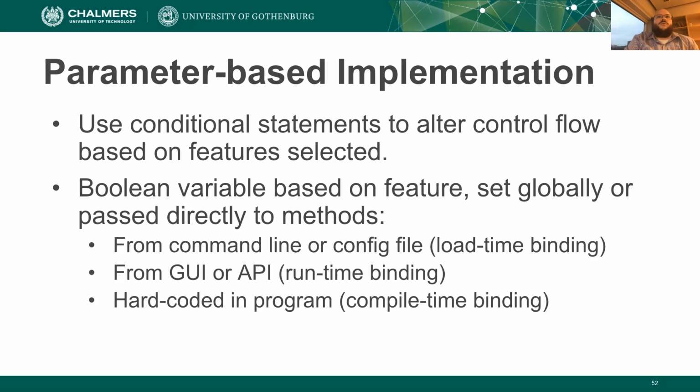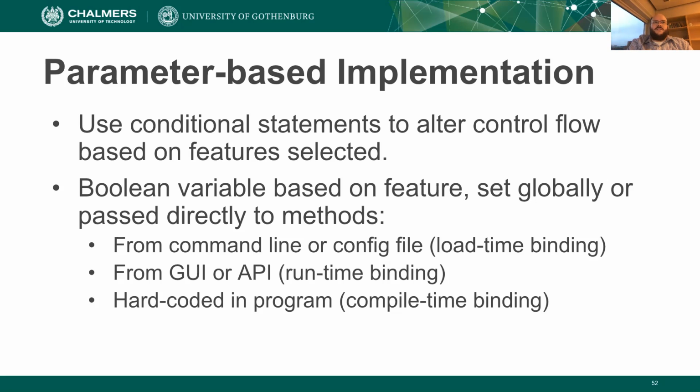Now, a parameter-based implementation is our simplest code-based implementation technique, right? Basically, we just use conditional statements like if statements and switch statements to alter the control flow of the program at runtime based on the feature selections we've made. So conditional statements are generally controlled by a set of configuration parameters passed either to a method or module directly or set as global variables in our system.